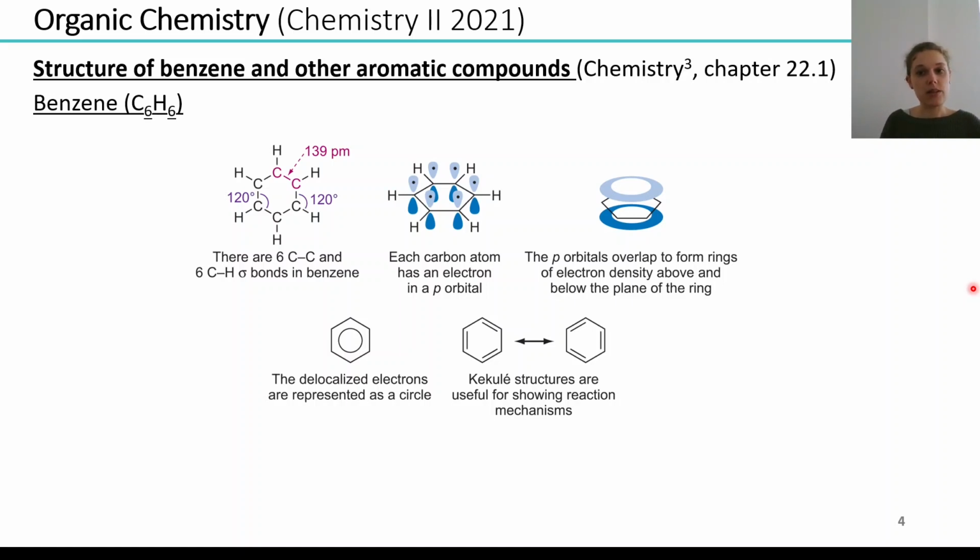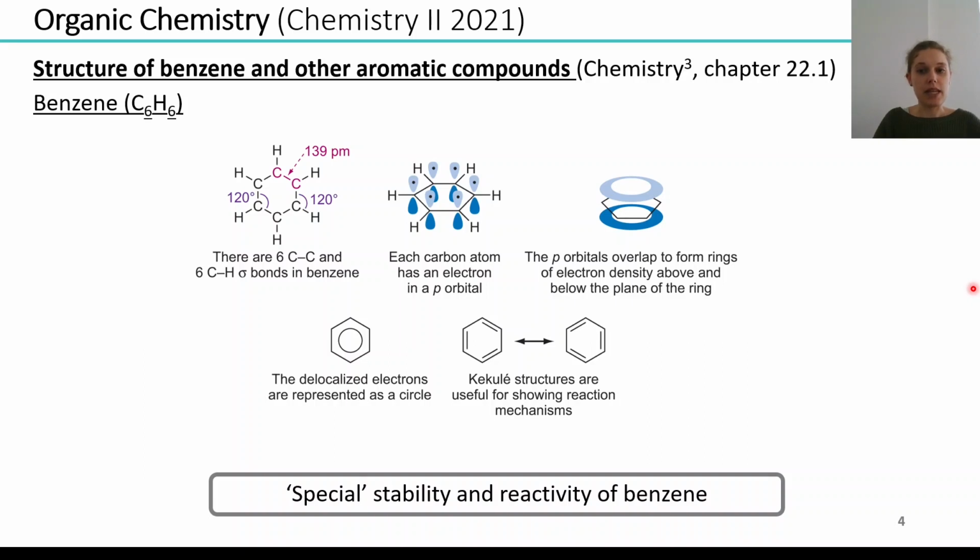Benzene undergoes electrophilic substitution reactions and no electrophilic addition reactions. Also important is that benzene is much more stable than the Kekulé structure suggests, because the pi electrons are delocalized and there are not only 3 pi bonds. So benzene behaves differently to an unsaturated hydrocarbon, and benzene shows a special stability and reactivity.